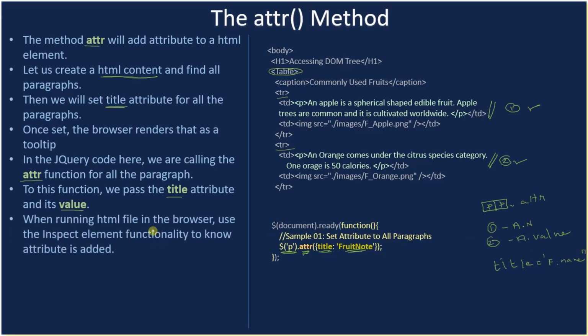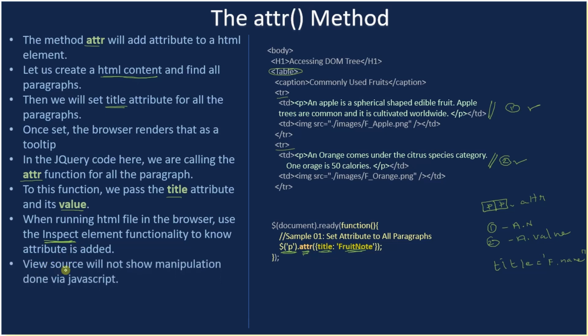When running the HTML file in the browser, use the inspect element functionality to know the attribute is added, or you can hover the mouse over the element to see whether the tooltip is displayed.